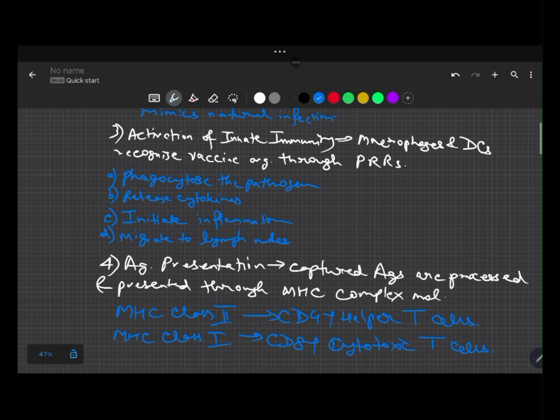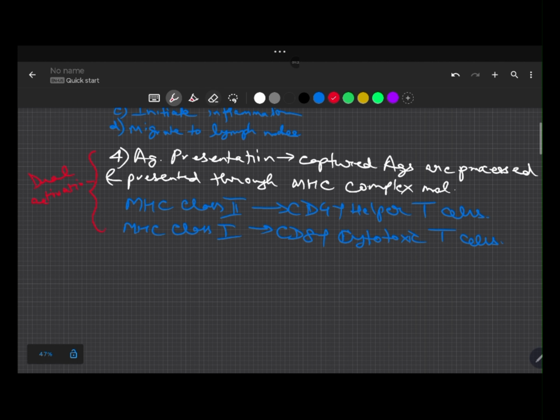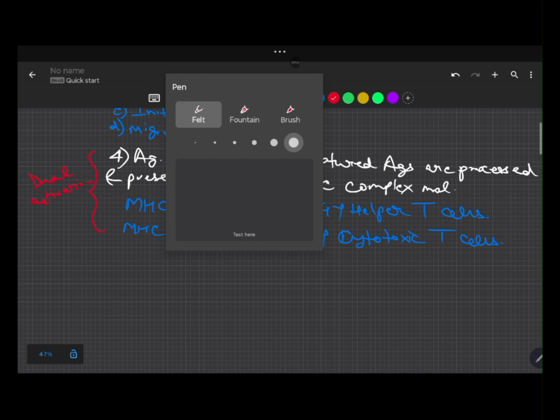Okay, so this dual activation is one of the strengths of live attenuated vaccines.